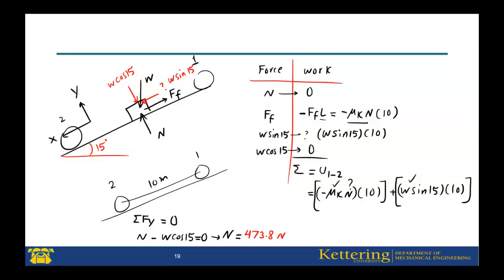Now, if I substitute this into this equation, I can find the total amount of work done by all external forces.